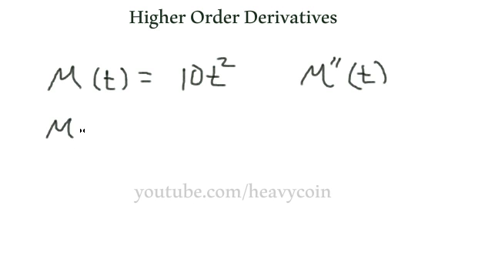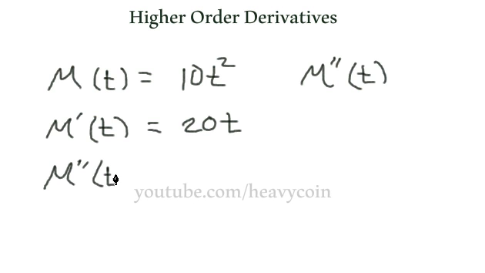So the first thing we have to do is find the first derivative, and that's going to be 10 times 2, which is 20t. So that's the first derivative, and then we have to find the second derivative, because that was our goal. And of course the second derivative is just equal to 20.